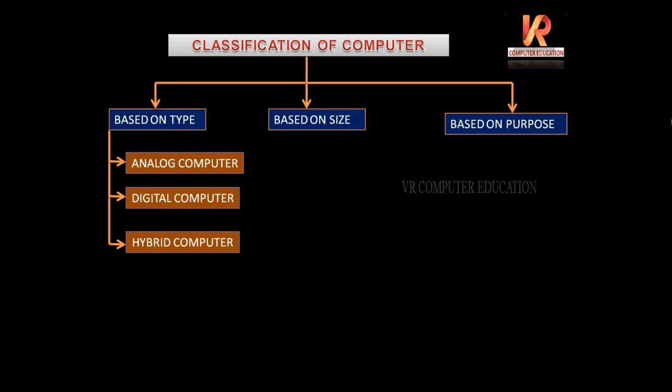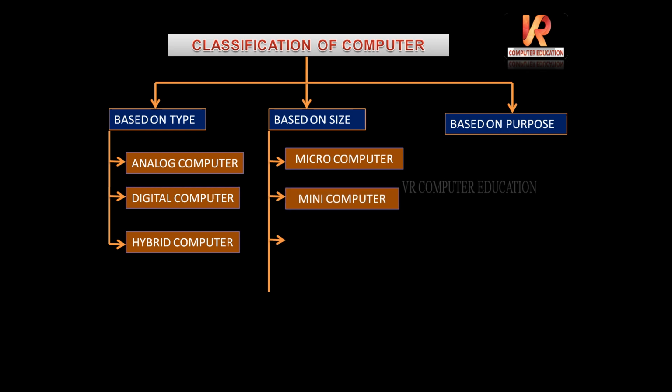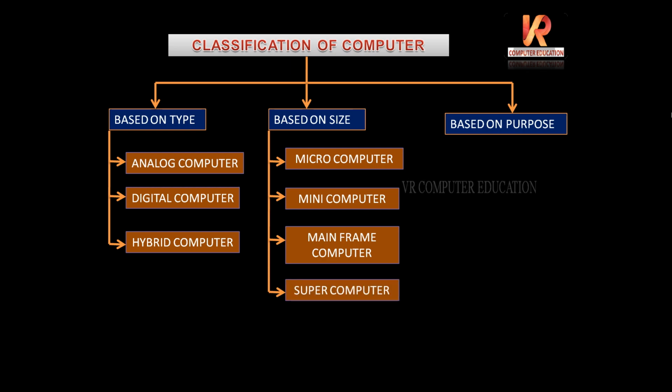Next, based on size: microcomputer, mini computer, mainframe computer, and super computer. Next, based on purpose, there are two types, that is general purpose and special purpose.